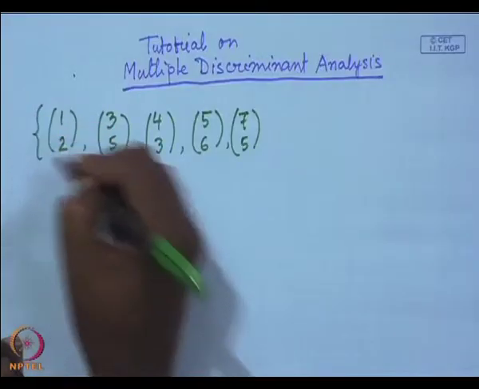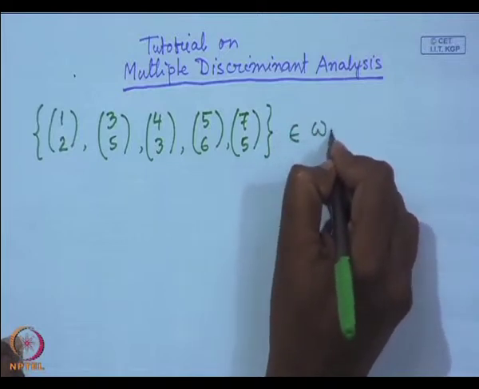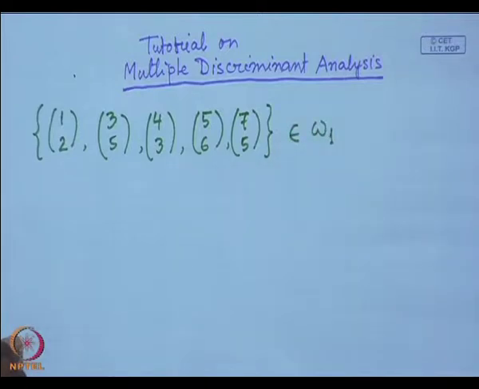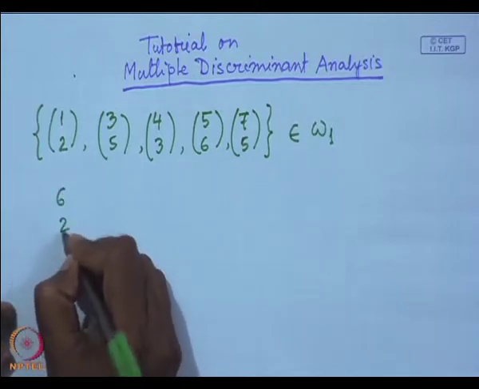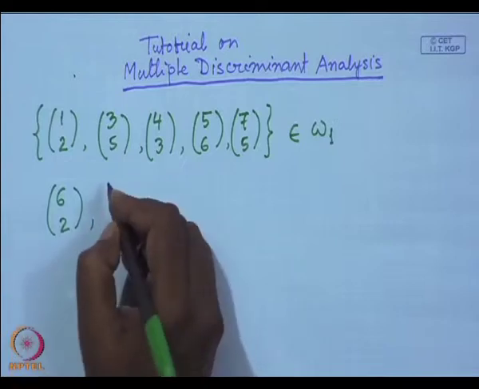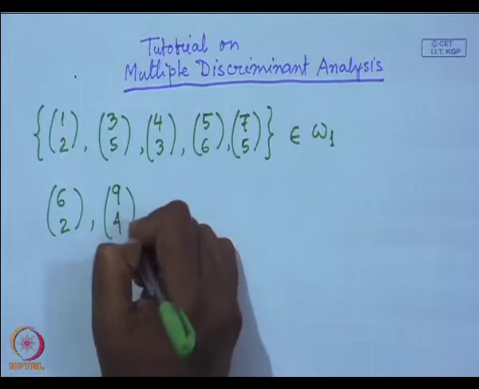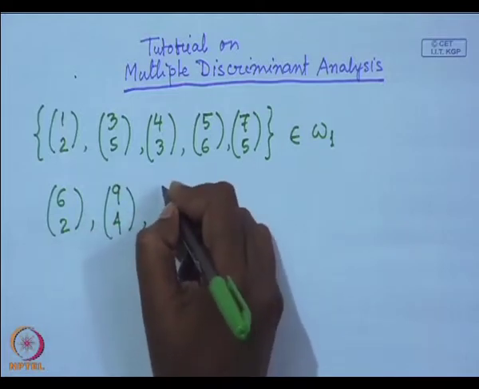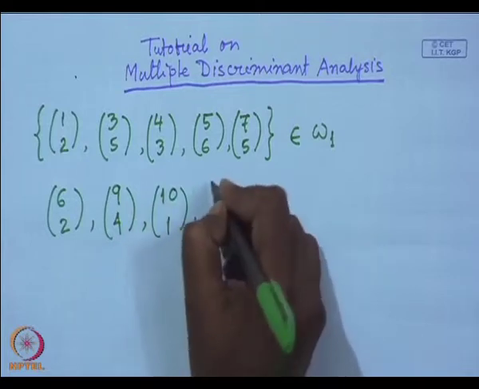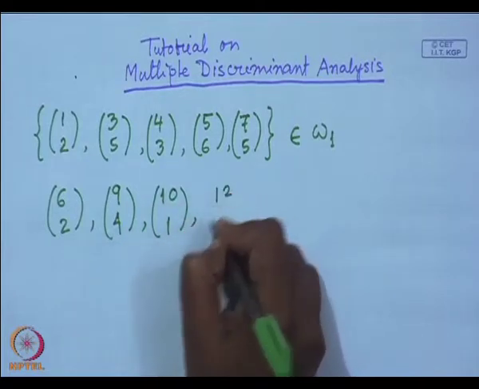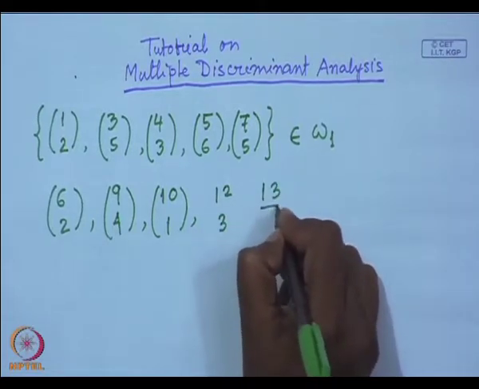These are the feature vectors taken from class omega 1, and we have another set of feature vectors, say 6 2, let us take 9 4, then 10 1, then 12 3, and 13 6.